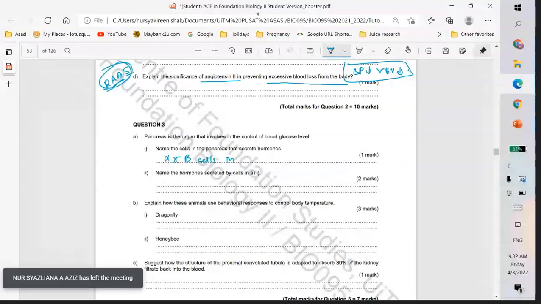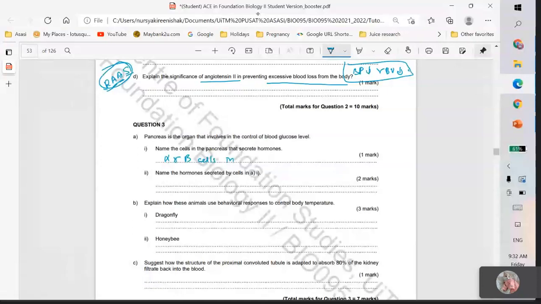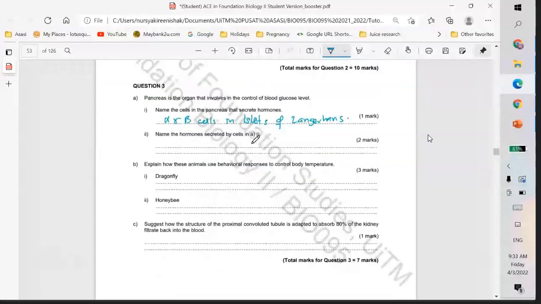Insulin. Insulin is the hormone. I've written the answer is in the islets of Langerhans.